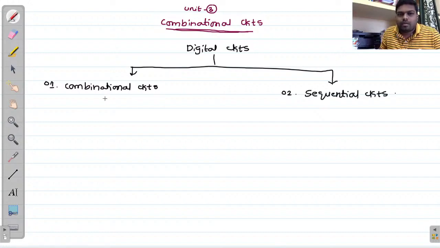First of all, we will discuss the differences between these two circuits, combinational circuits and sequential circuits, right? After that, we will move on to combinational circuit topics.